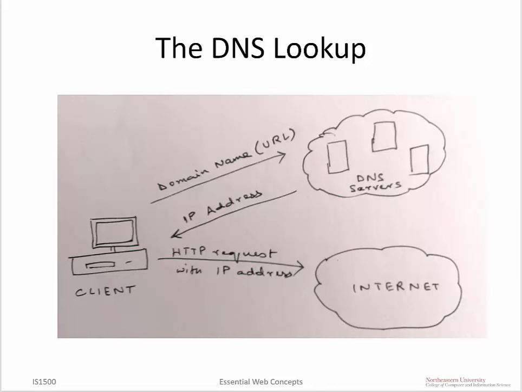The second step is to find the actual page on that computer. That's one of the reasons why you need a DNS server as part of your setup. The good news is when you connect, let's say, to your Wi-Fi at home or at university, part of the configuration of your computer is to get an IP address and also the location of the nearest DNS server.